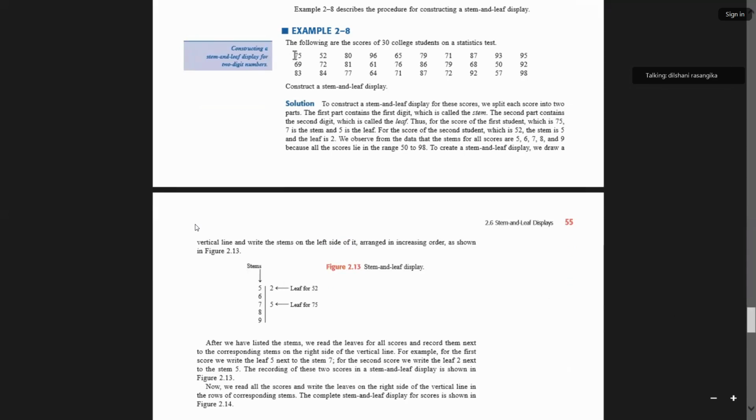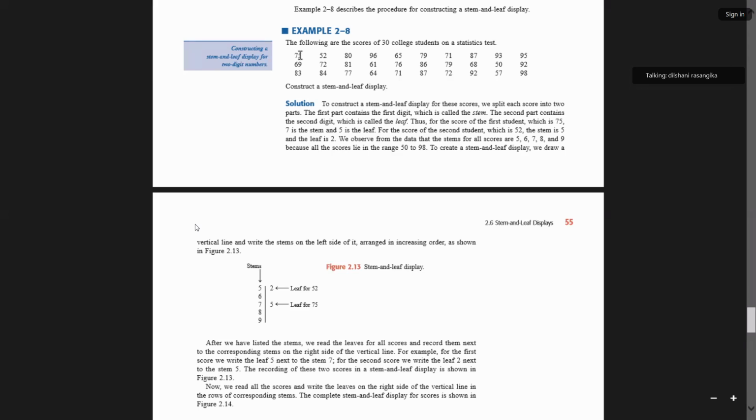Before making a stem and leaf diagram, the first thing we need to do is study the raw data set. By looking at the raw data set, we can identify that 75, 69, 83, and likewise there are values with two places. That means 75 means 7 tens and 5 ones, right?